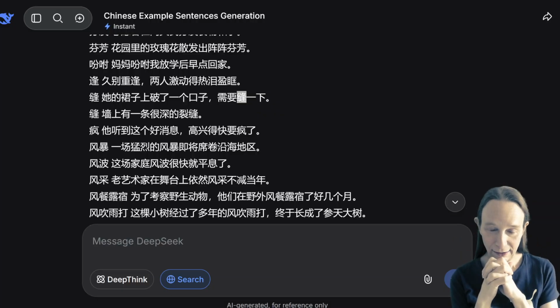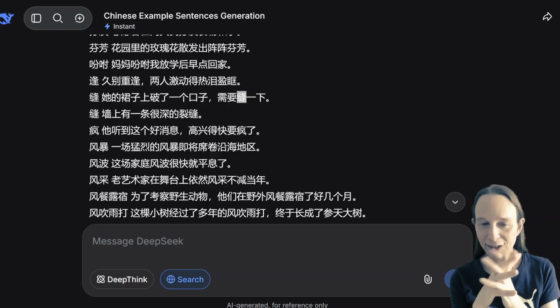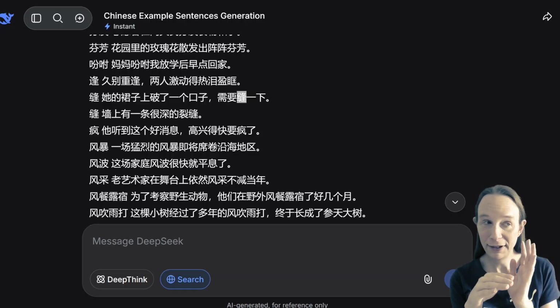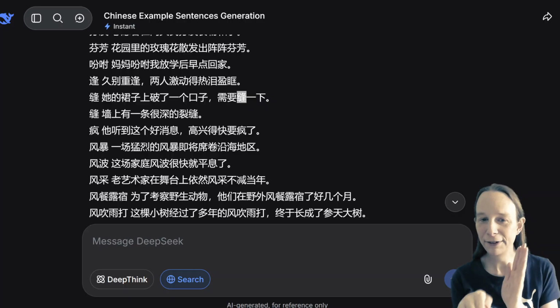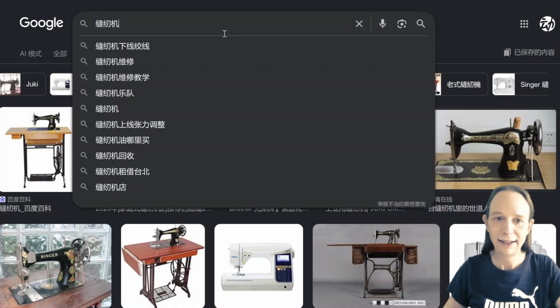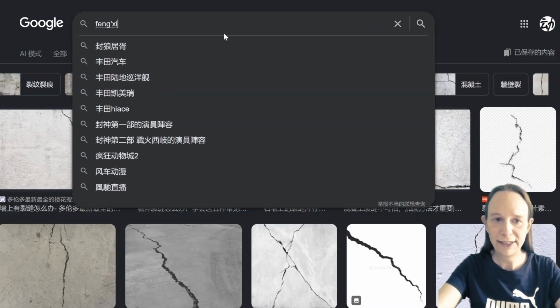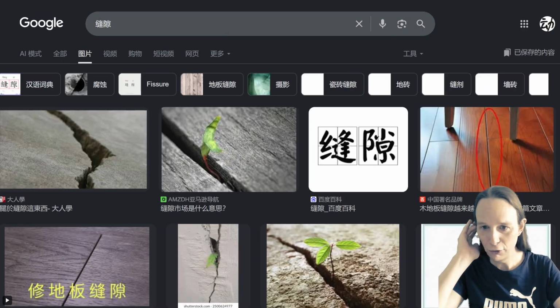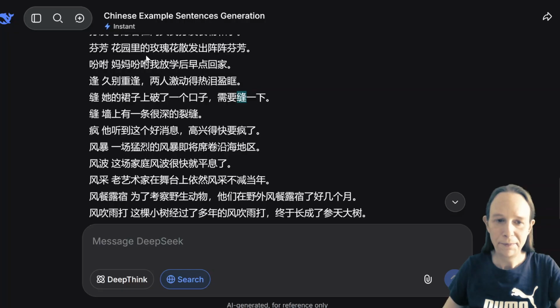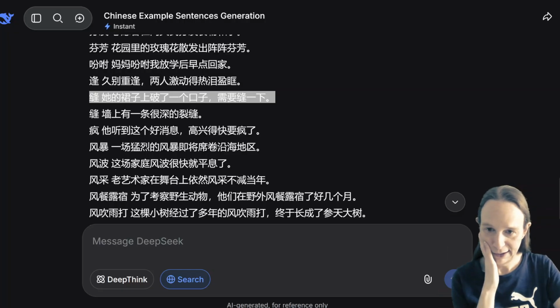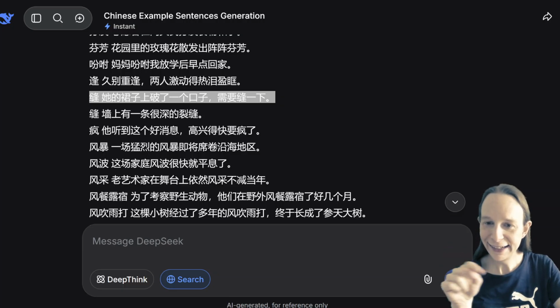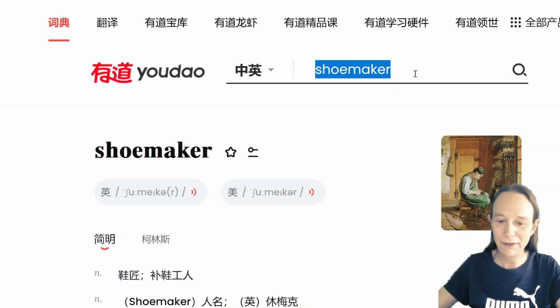Okay, and fourth tone, 缝, used in 裂缝. Yeah, 裂缝 and 缝隙. Different types of cracks. All right. And a sewing machine in Chinese is 缝纫机. Is that the most common one?